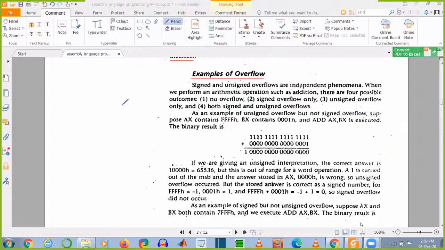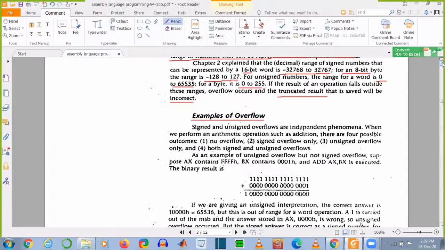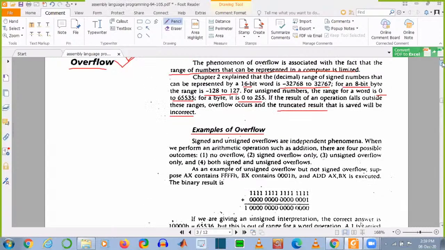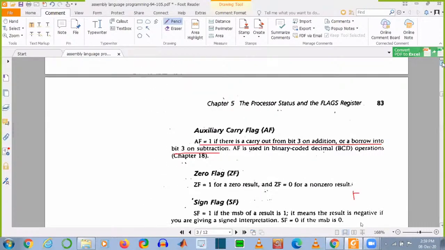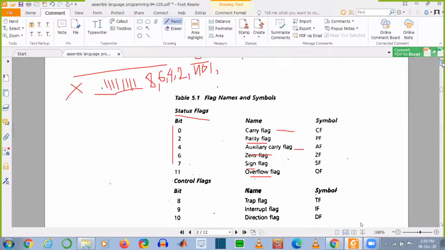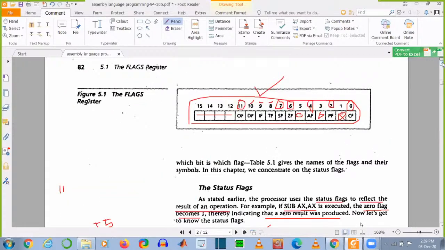Sign overflow affects which flag? Sir, it is affects the. Okay, you can look at my screen. So there are flags. Now say sign overflow affects which flag among those flag? Sir, carry flag.